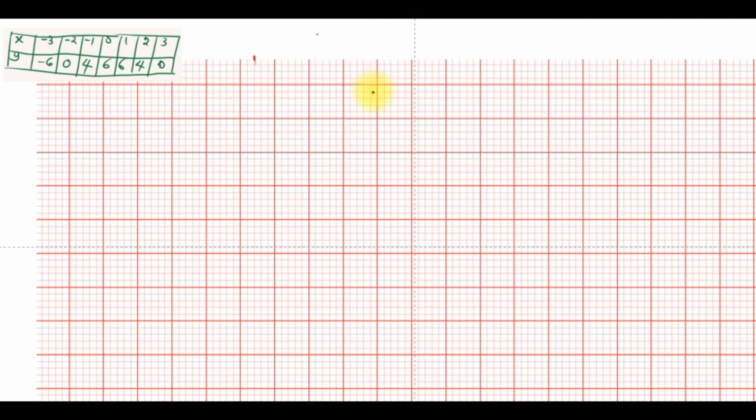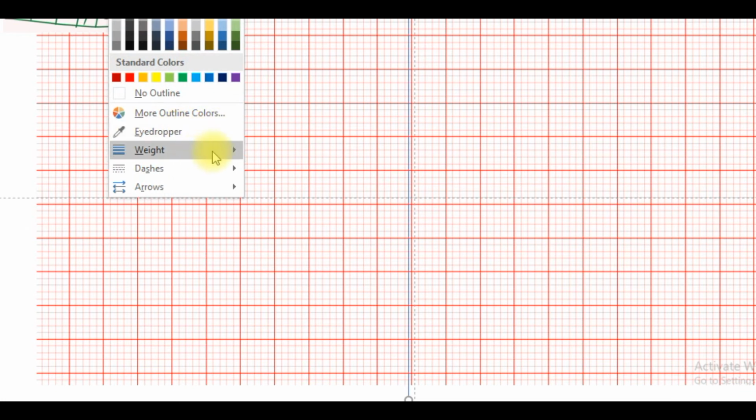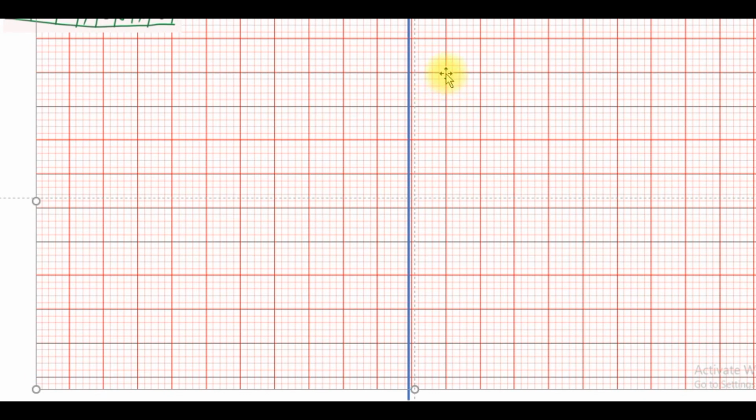So we need to locate our x and y axes. So the first axis here, let me, so that's my y.